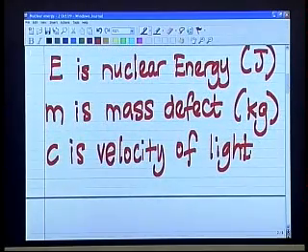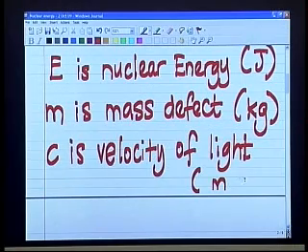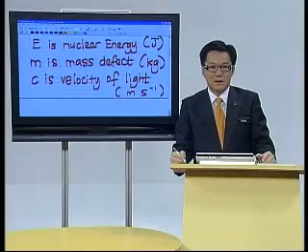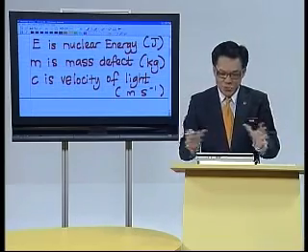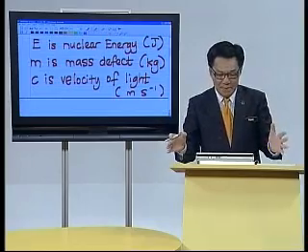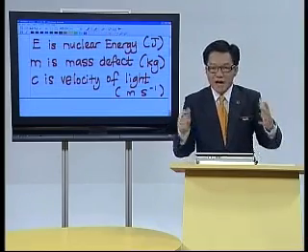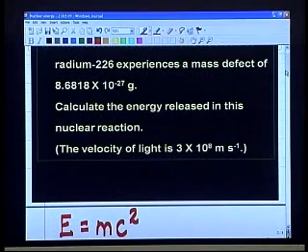The unit is meter per second. So this is one method of revision which I have taught you before. You write it down again in your revision time. Now let us look at the question again.